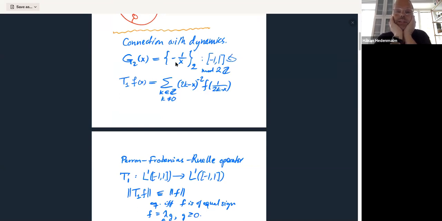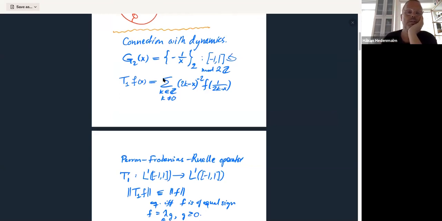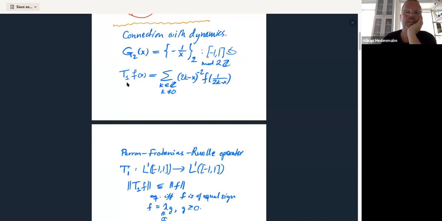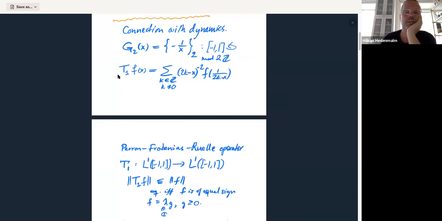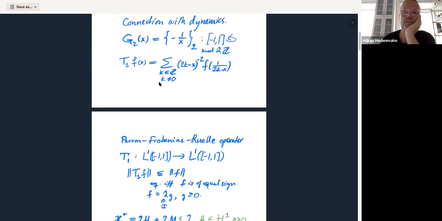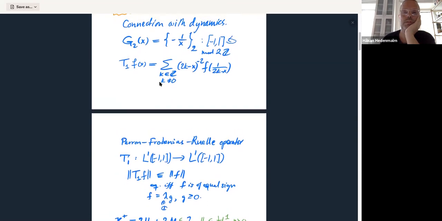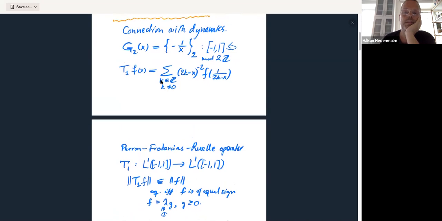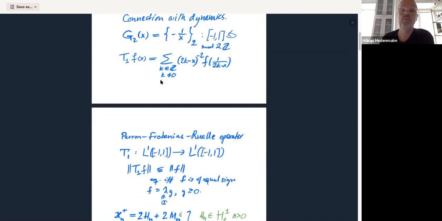conveniently defined mapping. And this dynamics is related with an operator which you could call T1 in this setting. It's the Perron-Frobenius-Ruelle operator associated with this dynamics modulo the even integers.